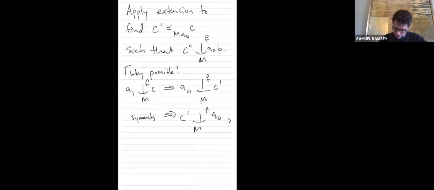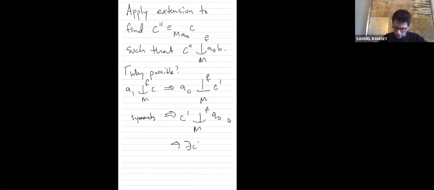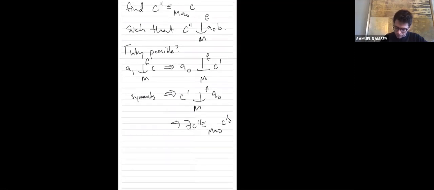And that implies that there exists a C prime prime with the same type over M A0 as C prime, with C prime prime independent over M with A0B by extension. So we're using the fact that we knew that A1 was independent with C, and symmetry, in order to get this point.